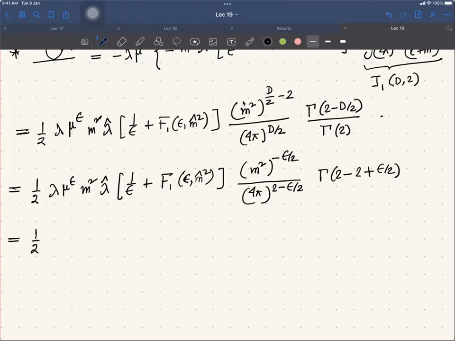This lambda and this 4 pi square can be combined to make lambda hat.